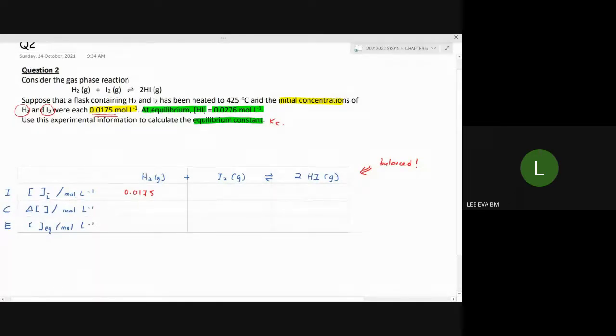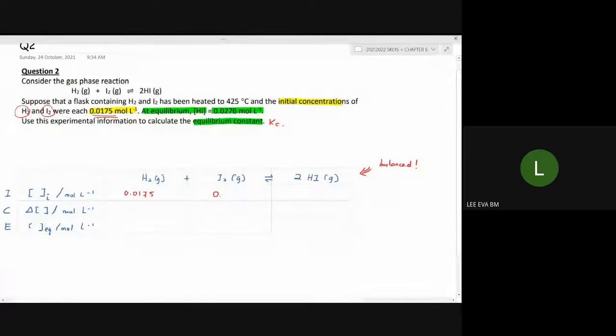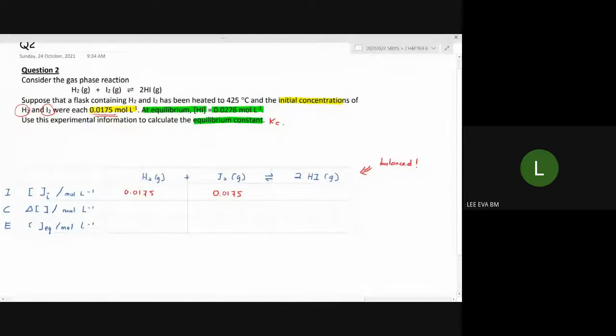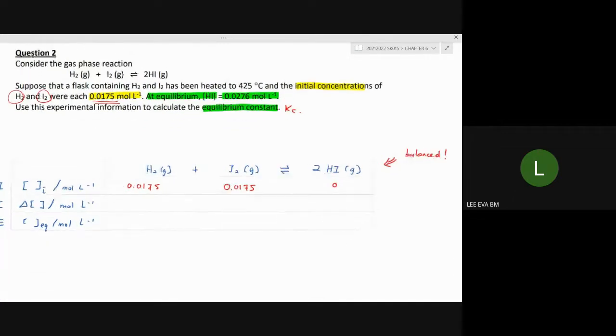Iodine pun sama jugalah, 0.0175. Anything for HI initially? No, nothing. So we put 0. So we have initially H2 and I2 and then no concentration for HI.